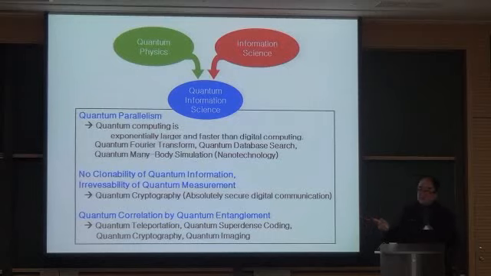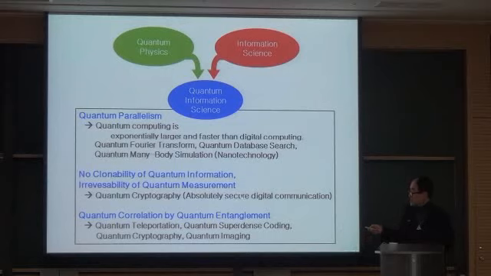And also, quantum physics has a different scheme of measurement than classical physics. There's no clonability. In digital technology, we can copy any digital information, but quantum information cannot be copied. That no clonability or irreversibility of quantum measurement provides quantum cryptography.